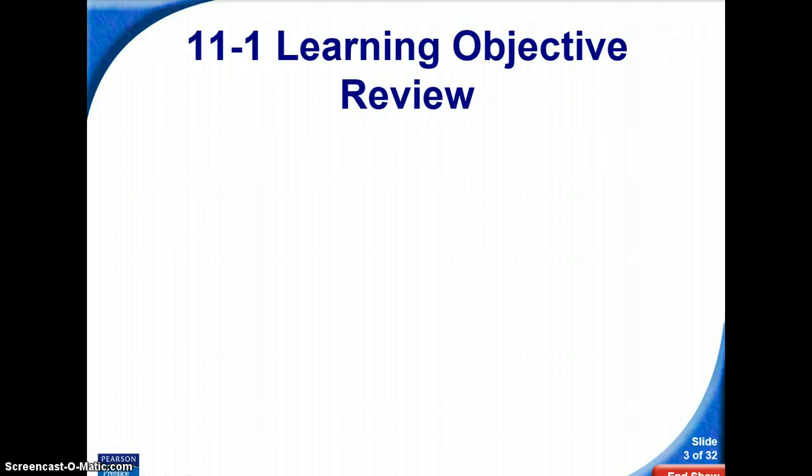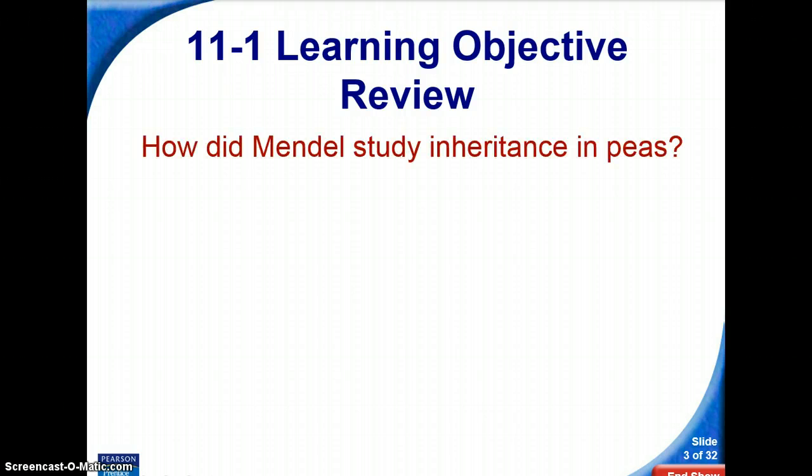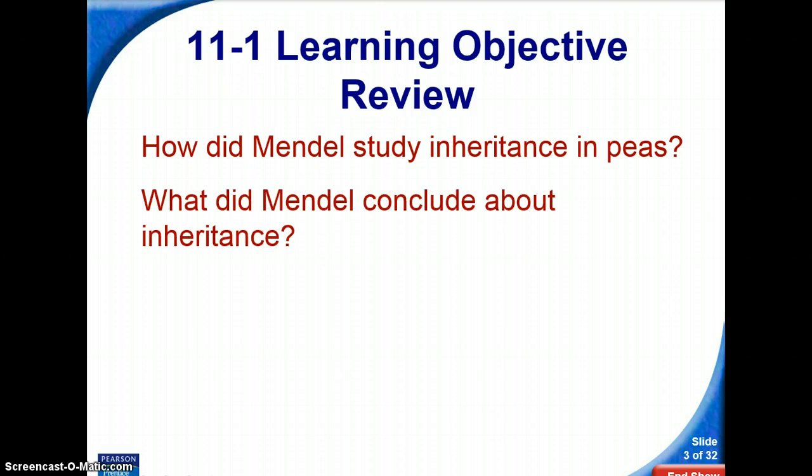So we're going to start with a little learning objective review. Now remember, this is just review. You do not need to write this anywhere in your notes right now. How did Mendel study inheritance in peas? Well, he studied the 7 pea plant traits that he saw, each with 2 contrasting characters. He crossed those plants with contrasting characters and studied their offspring.